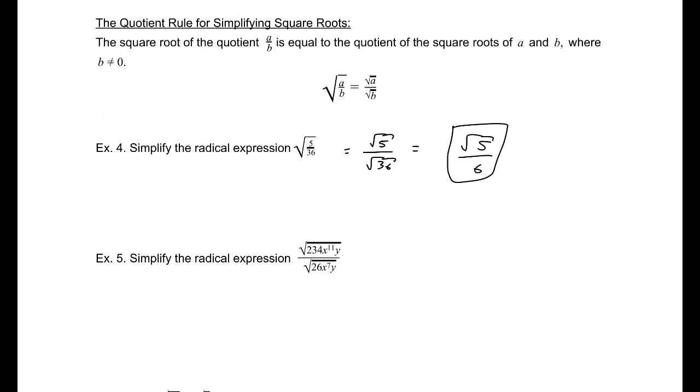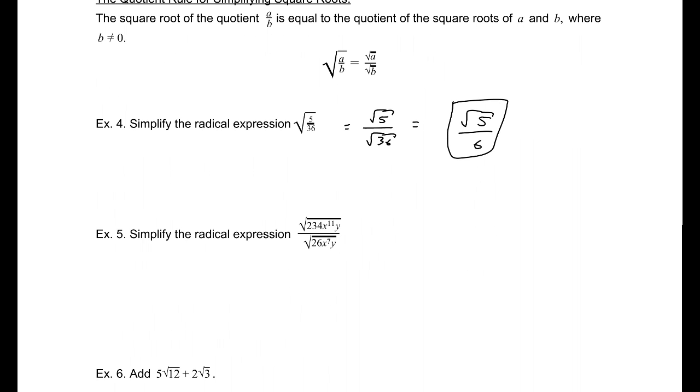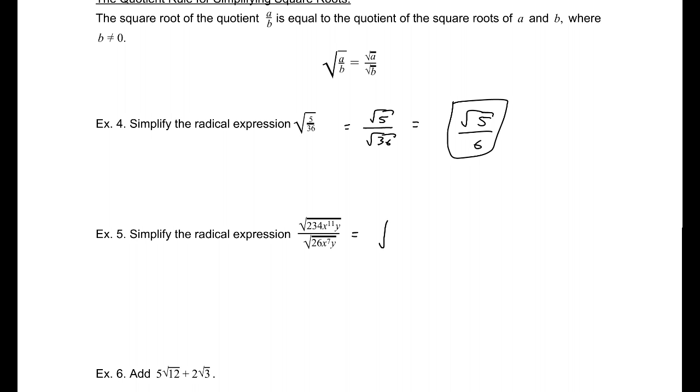All right, this can work in reverse with example 5. Simplifying this expression, we can actually divide our expressions first. So let's just go ahead and write this as a quotient. 234x to the 11y divided by 26x to the 7y.